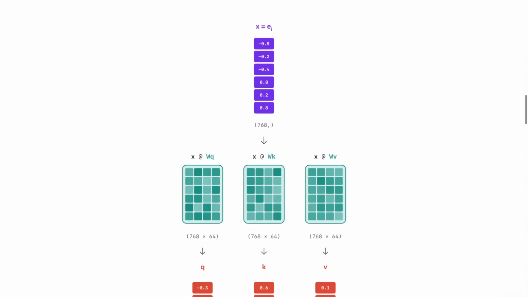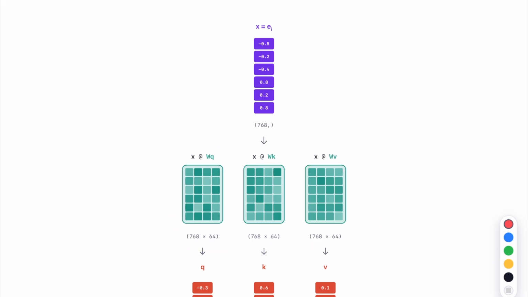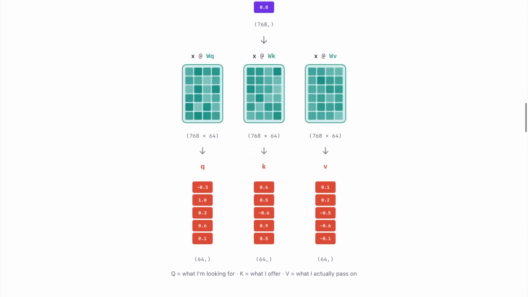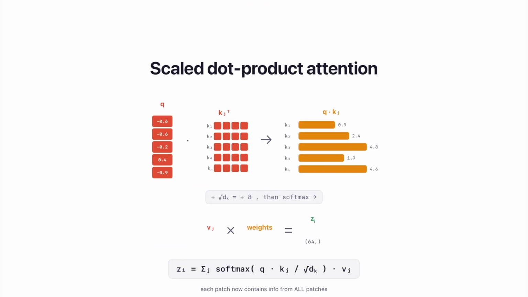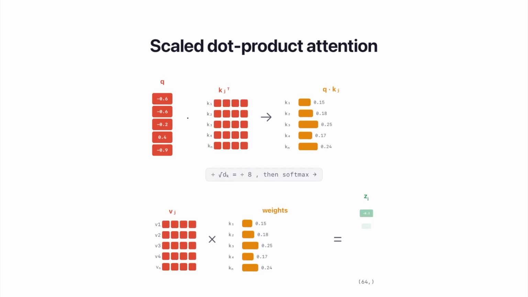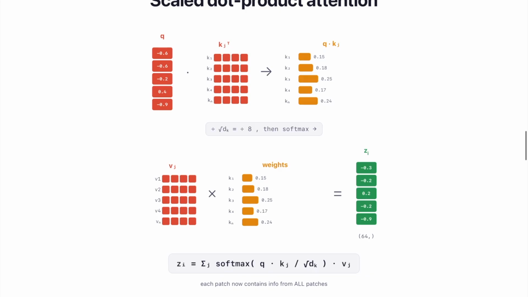We are multiplying here with WQ, WK, WV. We are getting query, key, and value vectors. Okay, like I said in the whiteboard explanation as well. Then what we do is scaled attention. The formula is this: softmax of query times key transpose divided by root dk, times V. We do the scaled dot product attention.